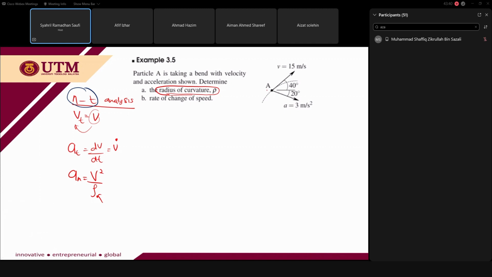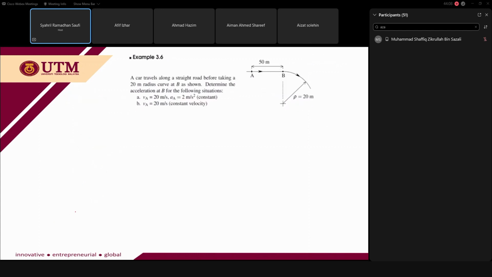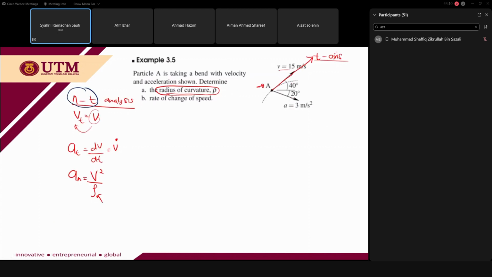Particle A is taking a bend, meaning that it's moving along a curved path. The velocity is tangent to the curve, so this is your tangent axis. Then you need to draw the perpendicular axis to the tangent axis, which is the n axis.